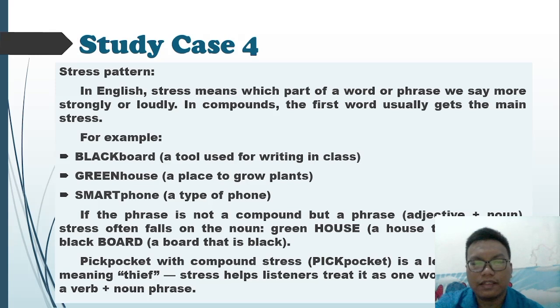If it is not a compound but a phrase, adjective plus noun, stress often falls onto the noun, like a green house, a house that is green, and a black board, a board that is black. Pickpocket, with compound stress, is a lexicalized unit, meaning thief. Stress helps listeners treat it as one word rather than a verb plus noun phrase.